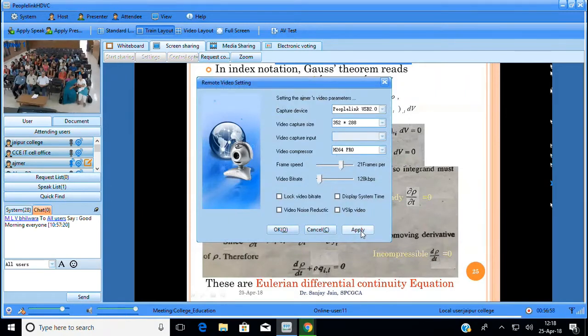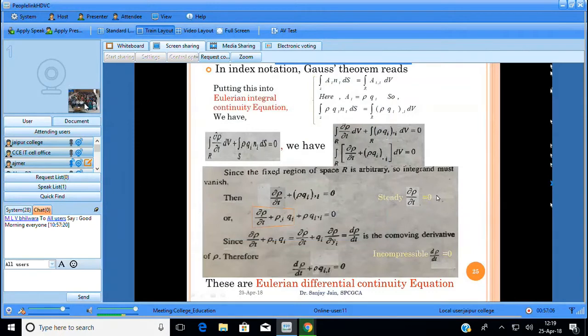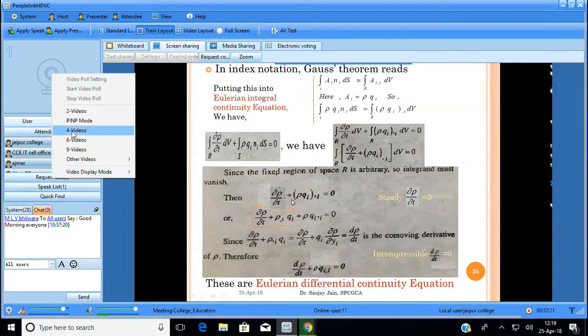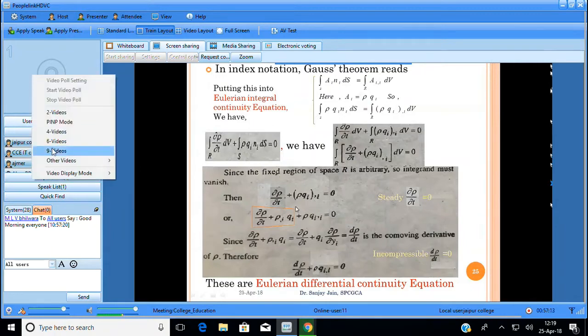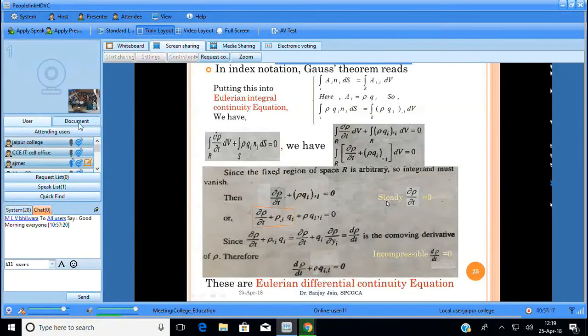But in this equation, if rho is steady, then del rho by del t becomes 0, and we get rho q_i bracket comma i should be 0. This is called steady continuous medium.